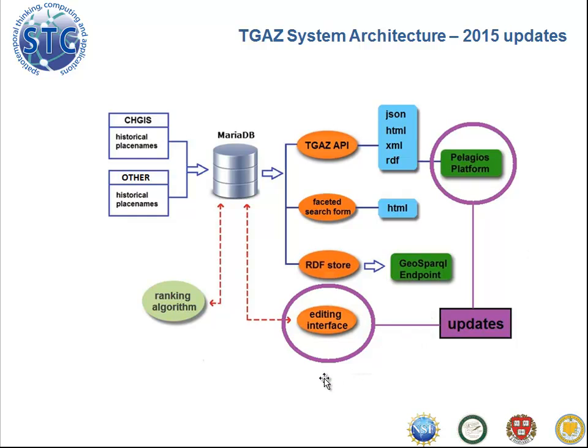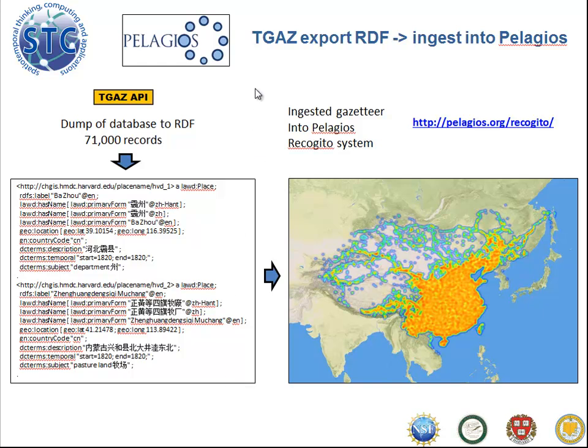And we're also working on the idea of an editing interface which will allow us to update and revise the contents of the database. So in terms of the interoperability with other projects, the TGAZ Open API, which already works and is online, available for anyone to use, can create this RDF format. And that interchange format was developed with Pelagios in mind.